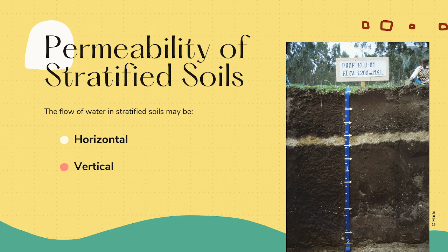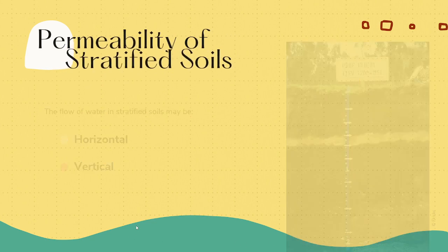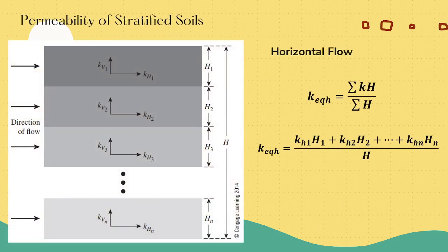So how do we know if it's horizontal or vertical? It is simply the direction of flow with respect to the layers of the soil. So for horizontal flow, this is our soil layers, and the direction of flow is parallel to the soil layers.